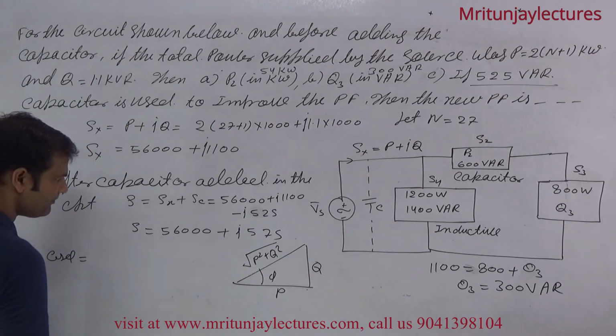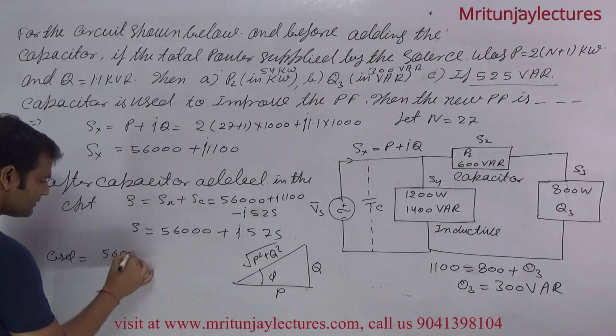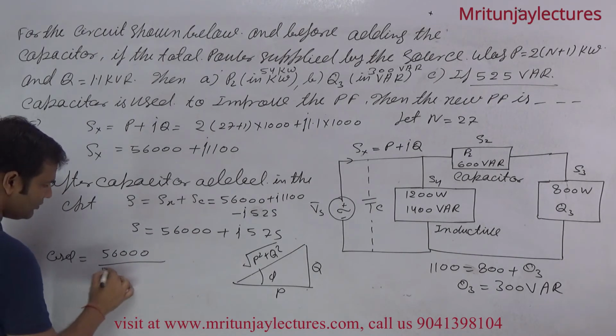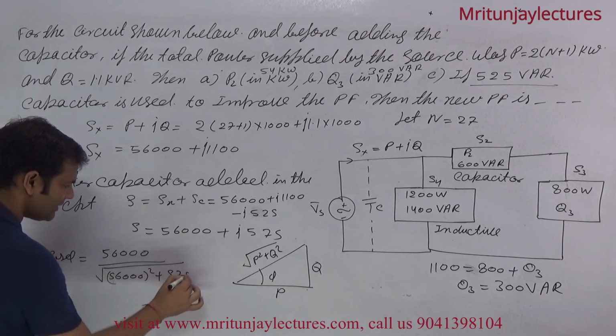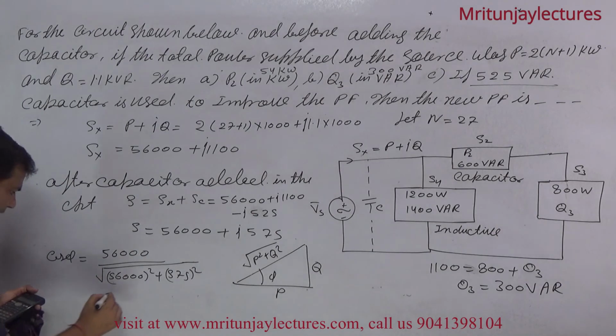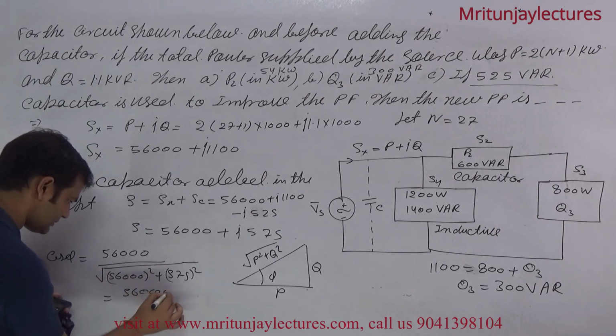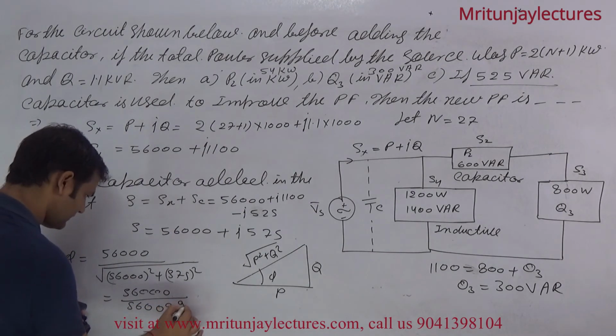Cos phi is P divided by the square root of 56,000 squared plus 575 squared. Finally, the square root gives about 56,002.95.